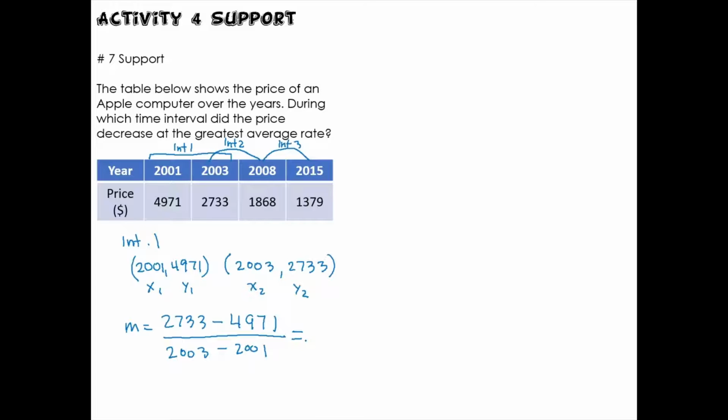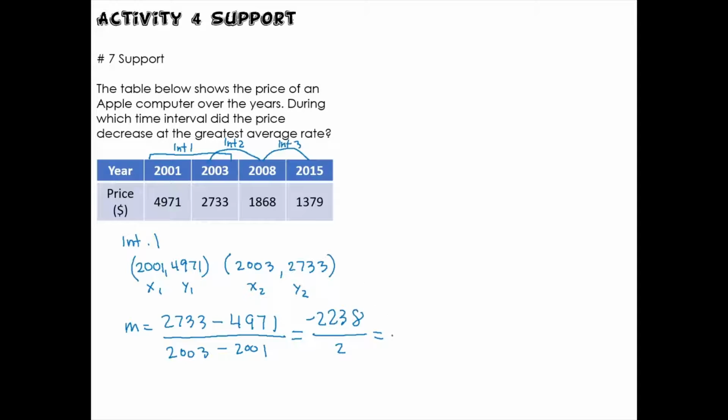So there's 2733 minus 4971. And here I get negative 2,238. And from 2003 to 2001, that's actually 2 years in between that. And then we're just going to divide that by 2.